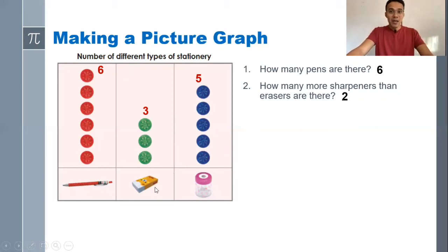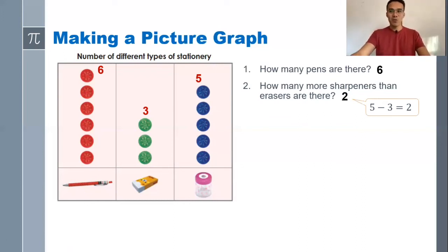Look at the chips. There are 2 more sharpeners, right, than erasers. Or, since we are comparing, we should subtract 2 numbers. And these numbers are 5 and 3. 5 minus 3 is 2.